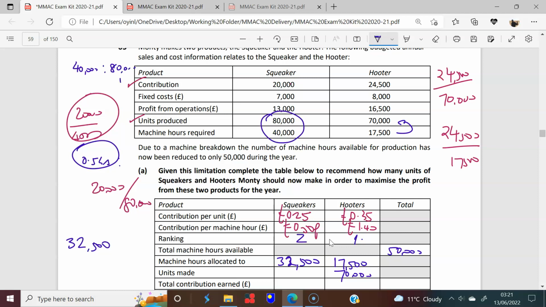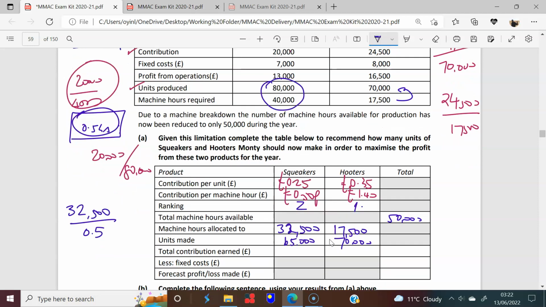So to make one unit, you need half an hour, 0.5 hours. And if you need 0.5 hours and you have 32,500 hours, you can make 32,500 divided by 0.5, which is 65,000 units. That's what you can do.